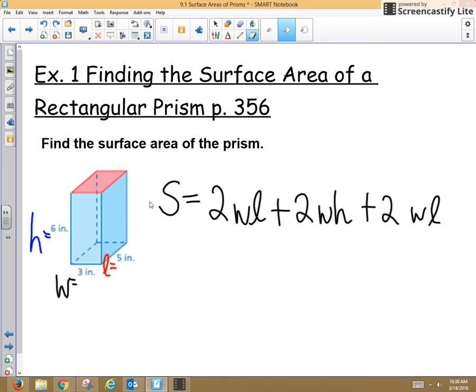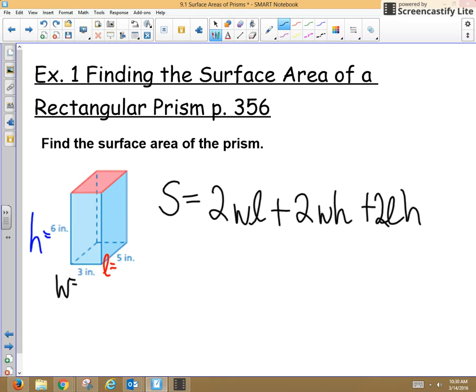Oh, no, I'm sorry. I made a mistake. 2 times length times height. There we go. And you notice I may have switched the order, or I may have switched the letters, and that's okay because multiplication is commutative, so you can change the order around.